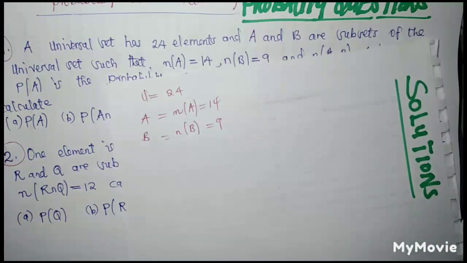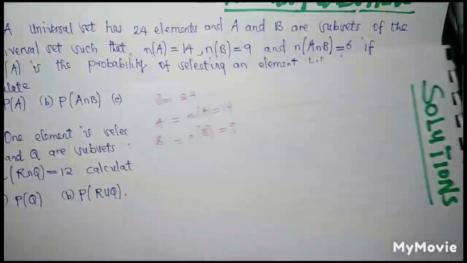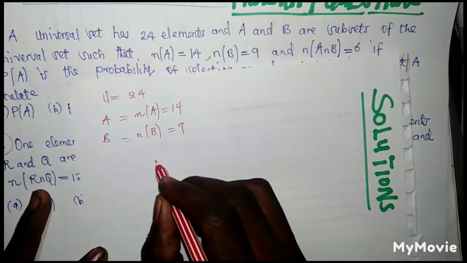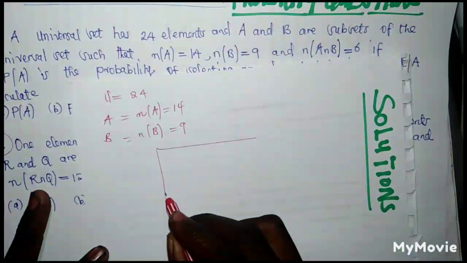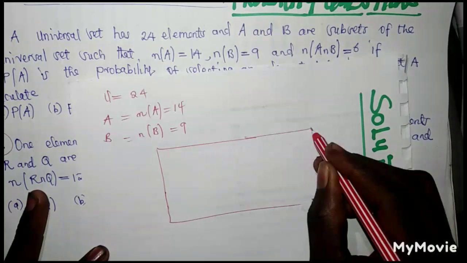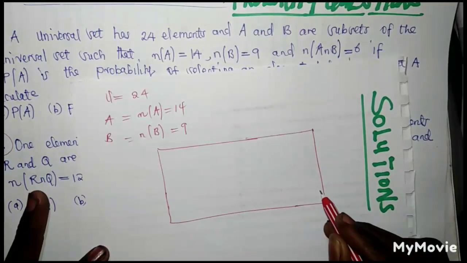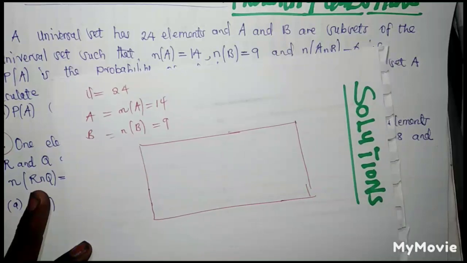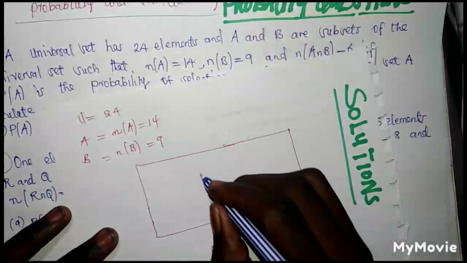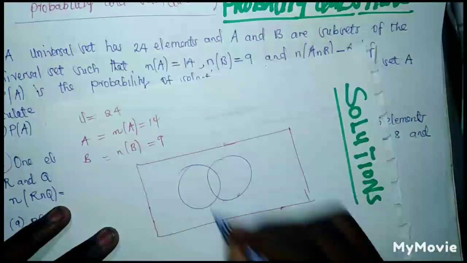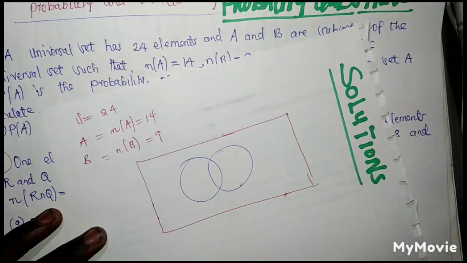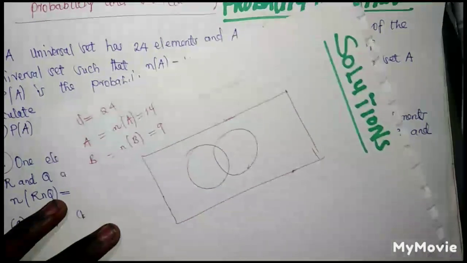Okay, so what we know is that to solve this question, we have to illustrate this information in a Venn diagram. In a Venn diagram, we know that we have the subsets A and B, and they have an intersection. Now let us represent the elements in here.